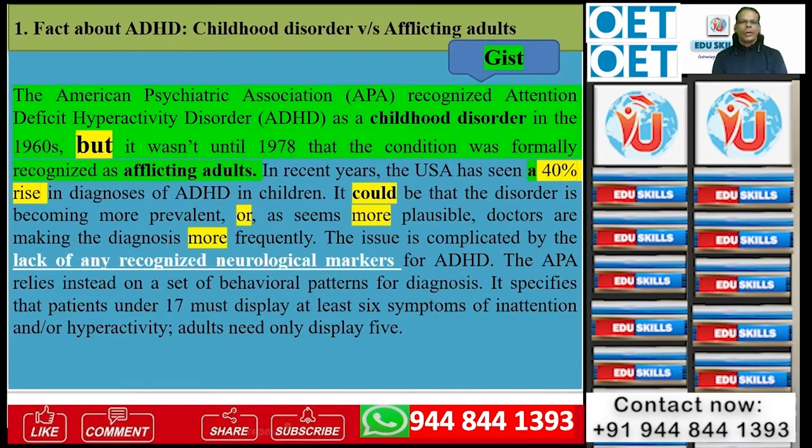It could be that the disorder is becoming more prevalent, or, as seems more plausible, doctors are making the diagnosis more frequently. Now, why is it a big issue? They use a modal verb, it could be, not sure. Plausible means believable. Doctors are making the diagnosis more frequently.